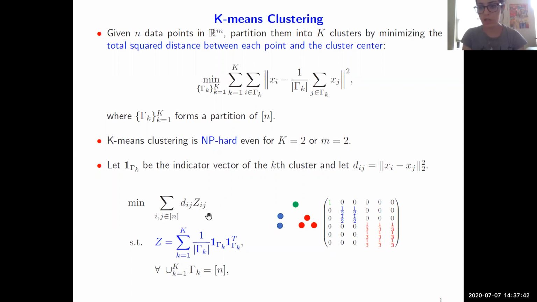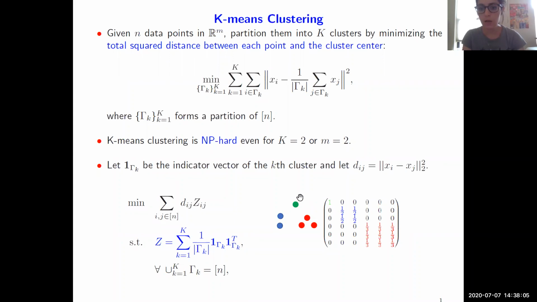So what's a partition matrix? Let's just illustrate it by an example. Here I have 6 data points, and I want to put them in 3 clusters. Here's an example where each color shows a different cluster, and I have the corresponding partition matrix next to it. You can see that this matrix is a block matrix.